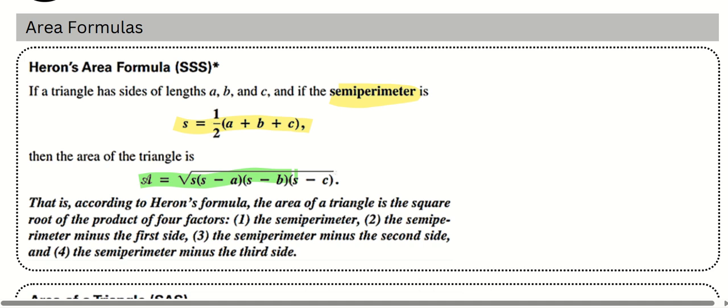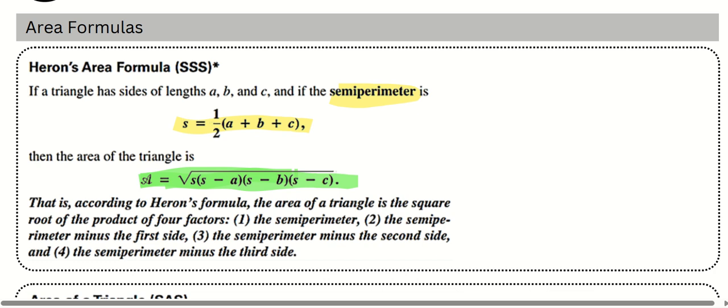Oh my gosh, my highlighting is just all over the place. I promise y'all I'm not doing that on purpose. So we find the semi-perimeter, which is the sides added up and then divided by 2. And then we find the area by plugging it into the formula.